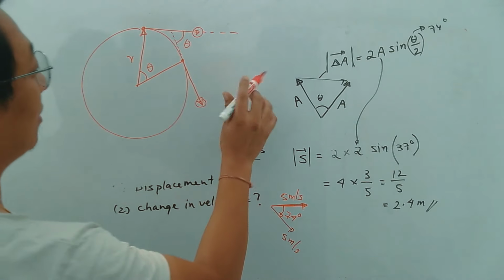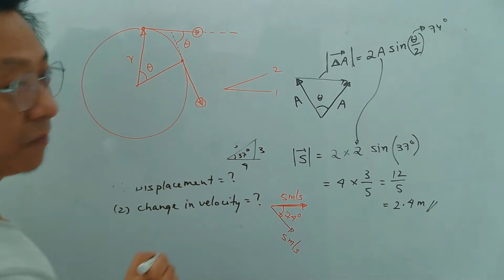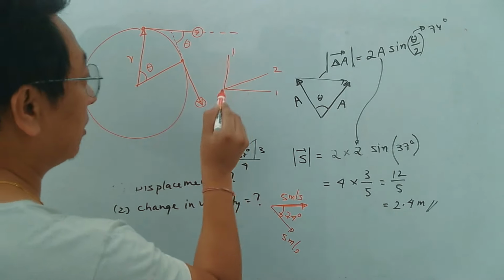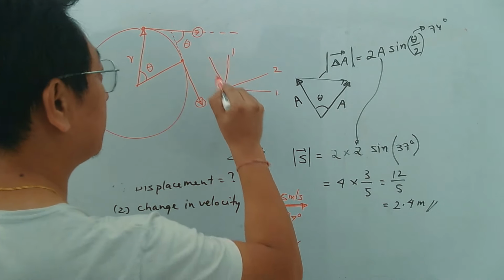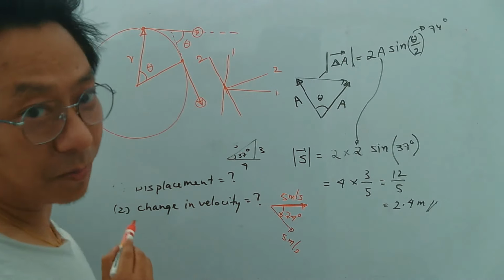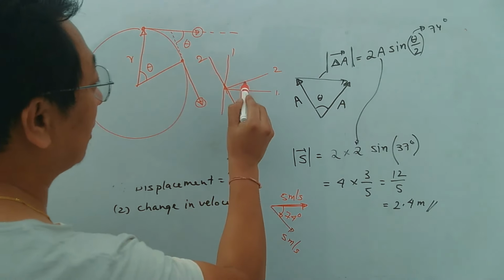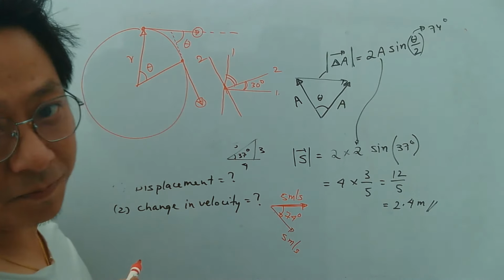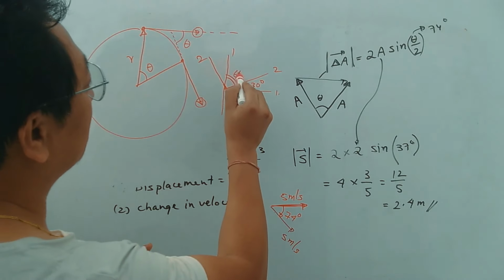Why is it so? Well, that's simple geometry. Take two lines, 1 and 2. Now draw perpendiculars to 1 and 2. This is perpendicular to 1 and this is perpendicular to 2. So 2 and 2 are perpendicular, right? You can see 1 and 1 are perpendicular. Now if this angle is 30 degree, this angle should be how much? Remember, this is 90, this is 30, this is 90, so this must be 60.